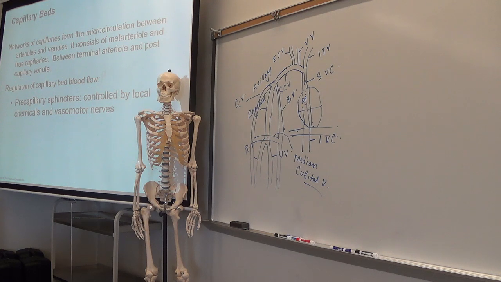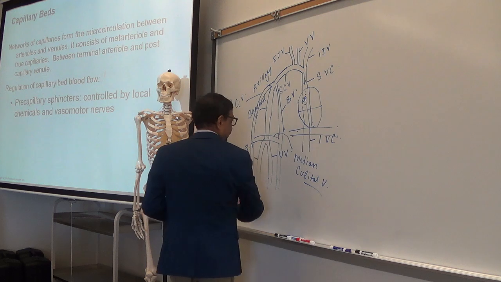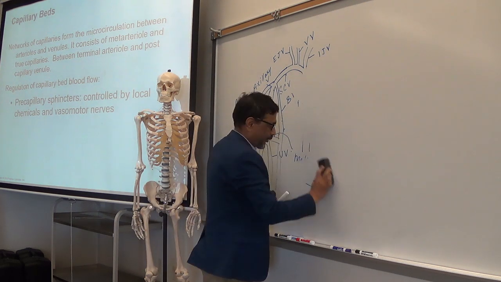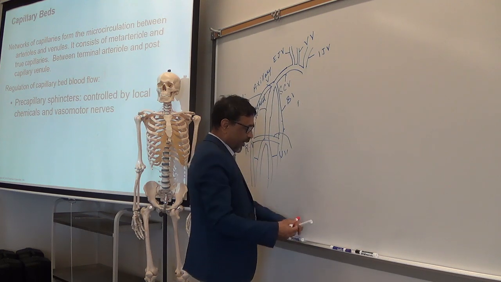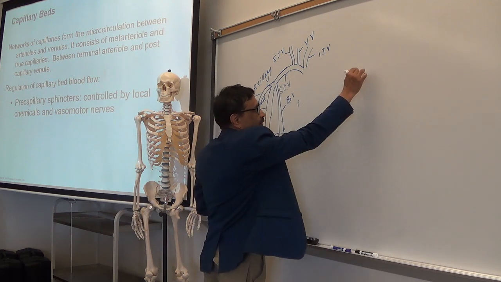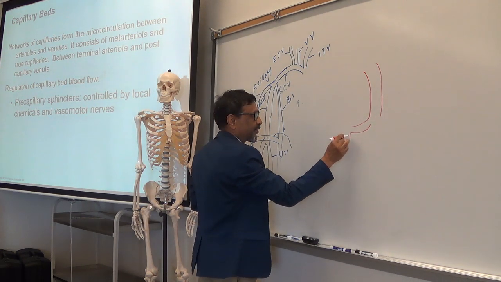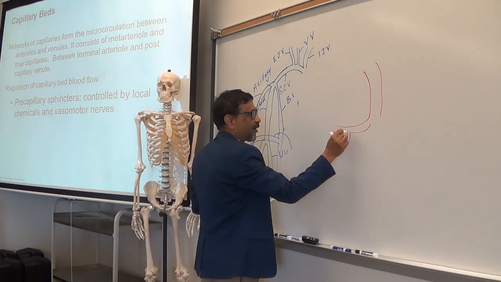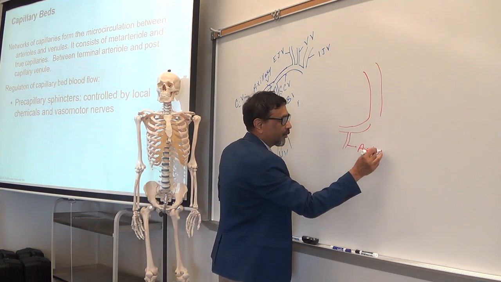Capillary bed. I showed you in the last lecture that the smallest artery is the arteriole. So this is larger than medium sized, then small artery. This is the arteriole.